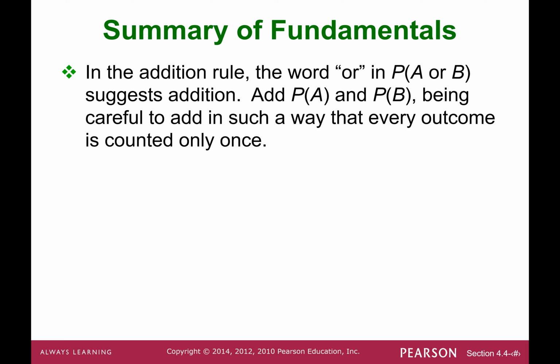In the addition rule, P(A or B) is the same thing as P(A union B). Everything in A, everything in B, and then the intersection of A and B. So whenever you see "or", use the addition rule, and whenever you see "and", it's the multiplication rule.